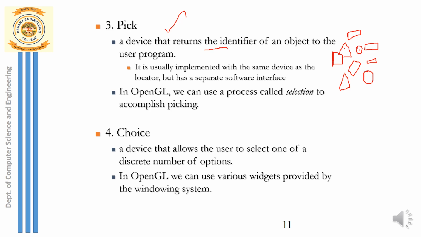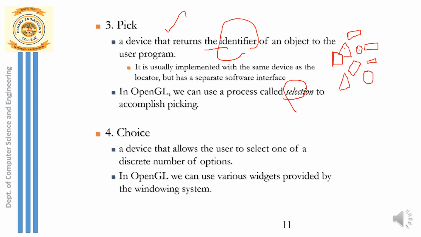I don't want the position of the mouse, but I want the identifier of the object which has been clicked. That is called picking. And in OpenGL we have a selection process to do that, using which the ID of the object is returned, and based on that we specify an action.